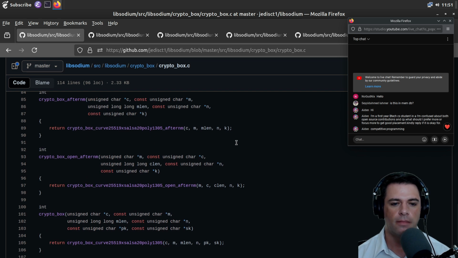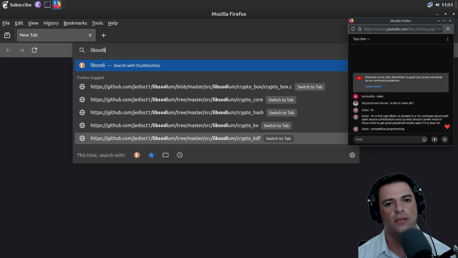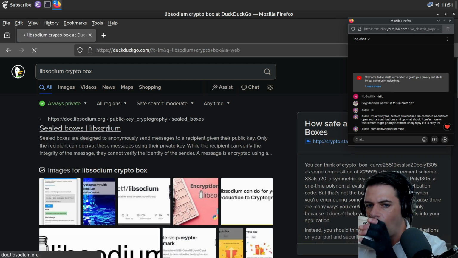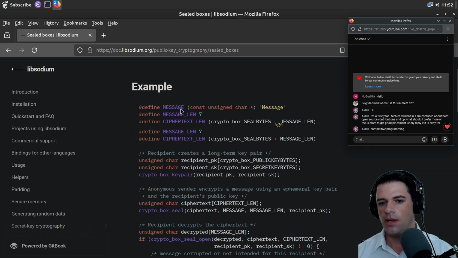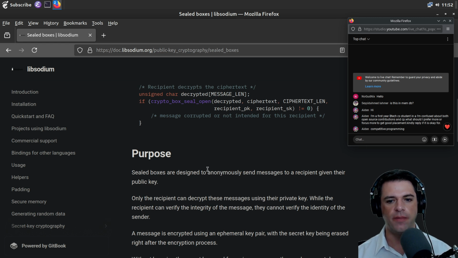Okay. Let's look up Libsodium CryptoBox. Sealed boxes. Sealed boxes are designed to anonymously send messages to a recipient given their public key.